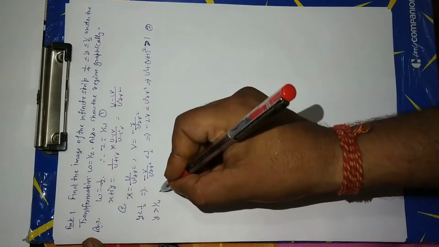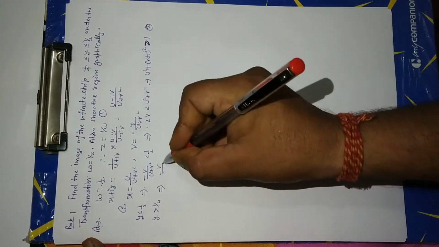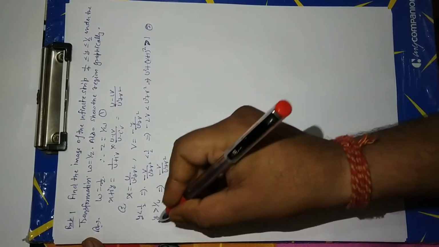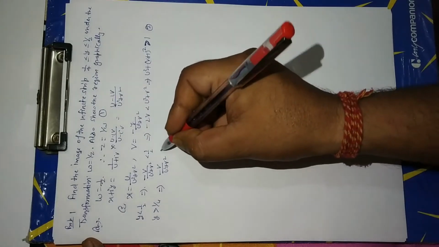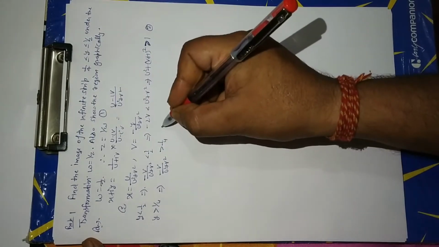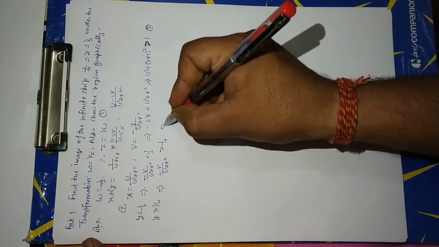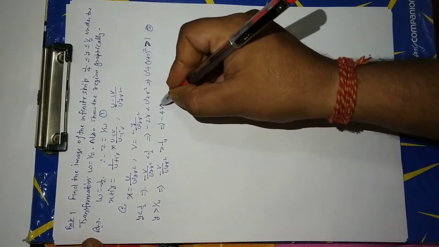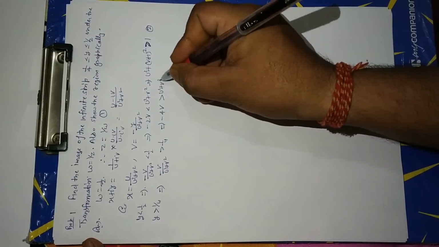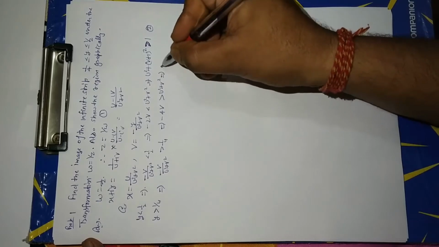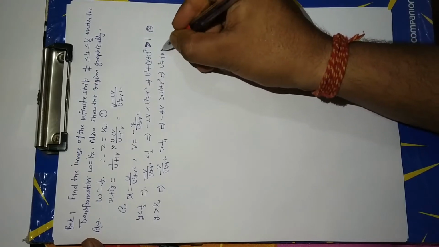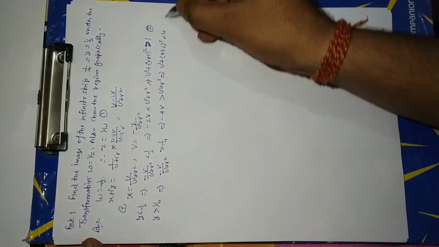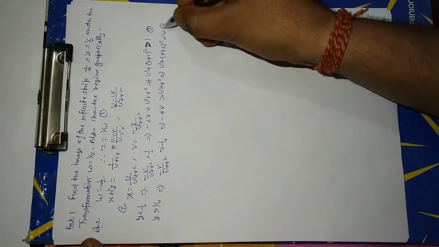Now represent minus v upon u square plus v square. This is the value of y greater than 1 upon 4. Therefore minus 4v is greater than u square plus v square, which implies u square plus v plus 2 whole square less than 4, equation number 3.